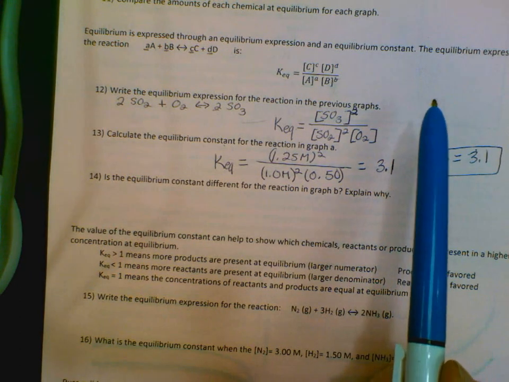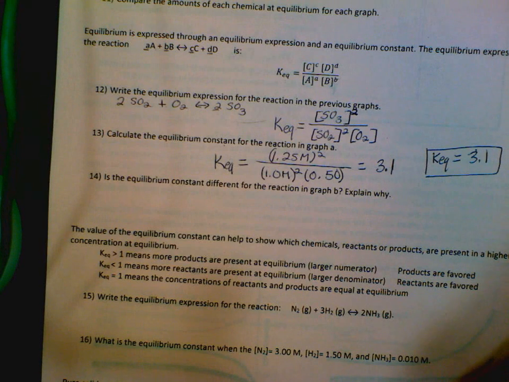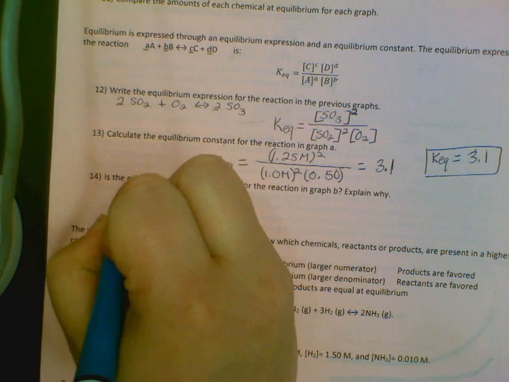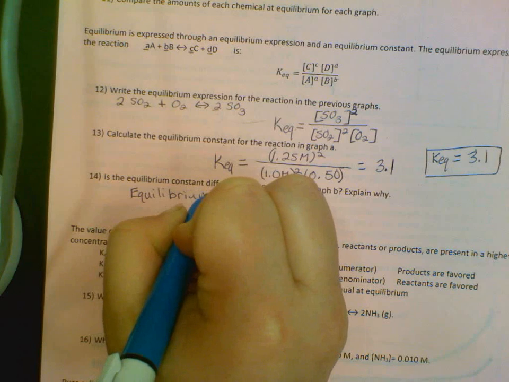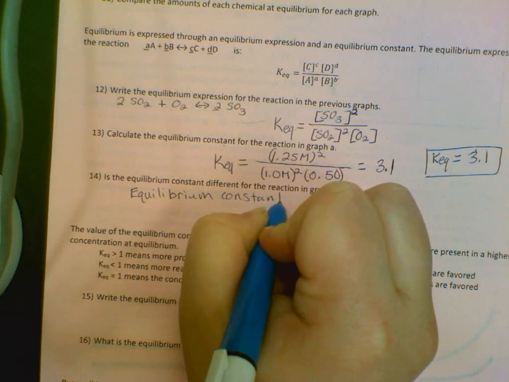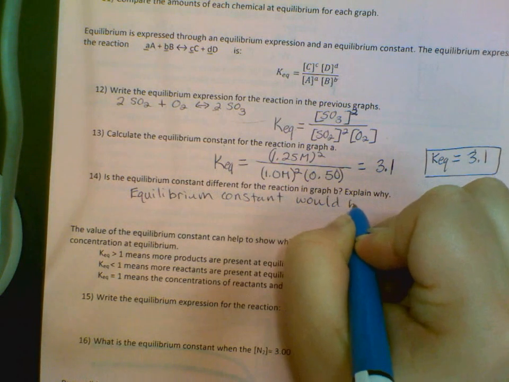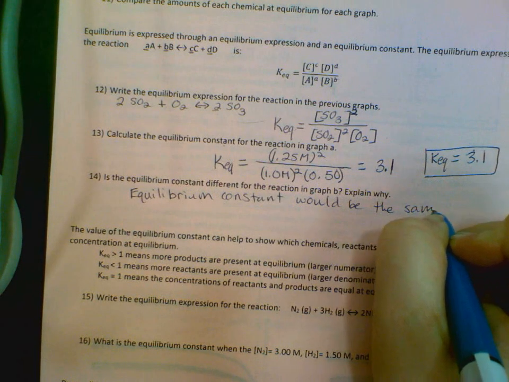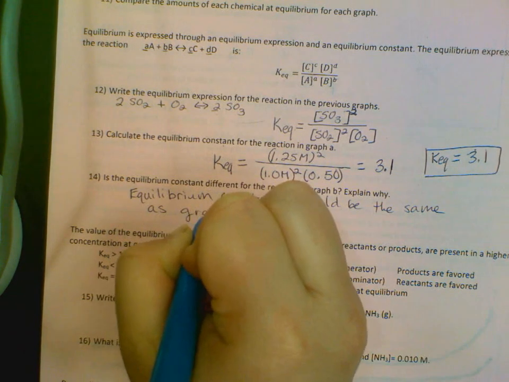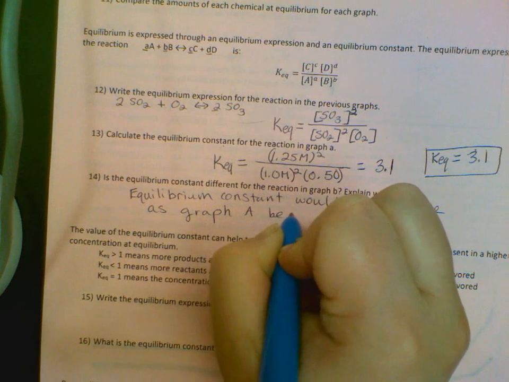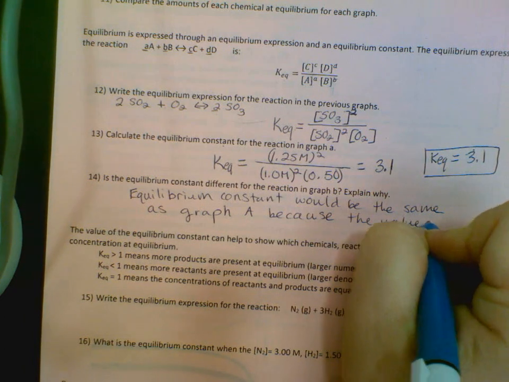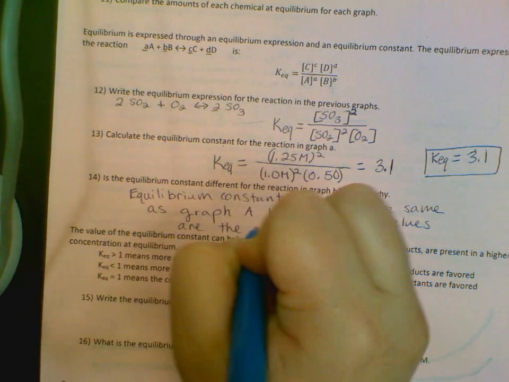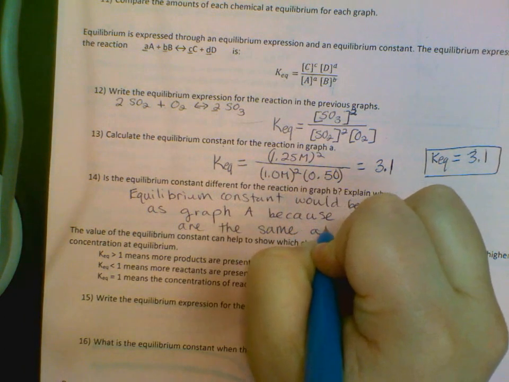So if we look at the reaction in graph B, all of our values at equilibrium are the same as graph A. So our equilibrium constant would be the same as graph A because the values are the same at equilibrium.